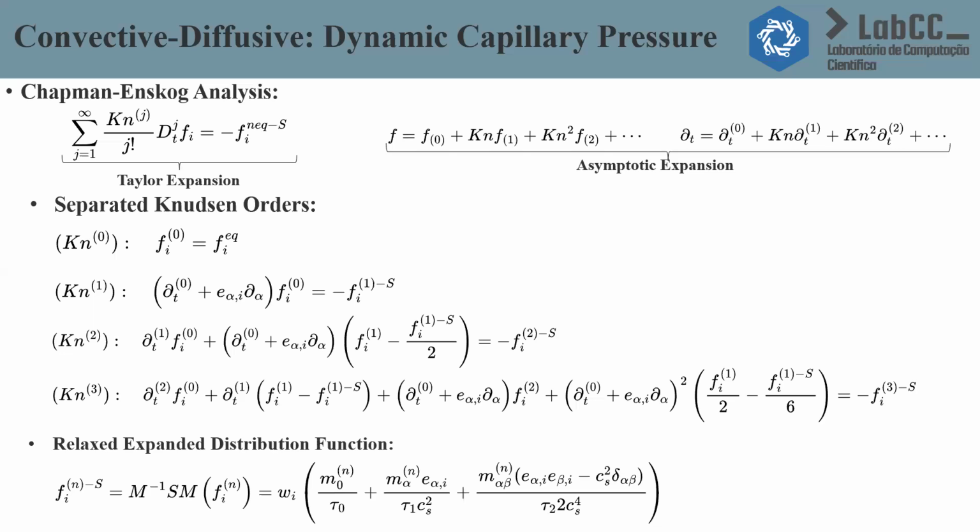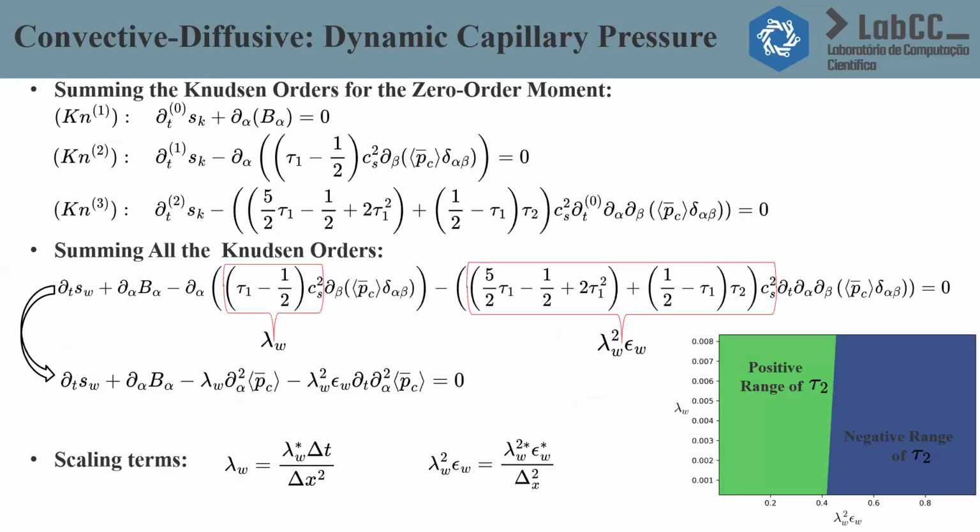Here I perform a Chapman-Enskog analysis for this problem. Now that I have to recover a third order derivative term, I have to extend my analysis to the third order of Knudsen terms. It's a very tough calculation, but here is a summarized part of it. And here I sum them for the zero order moment.